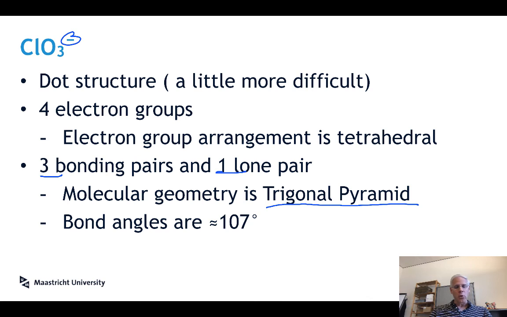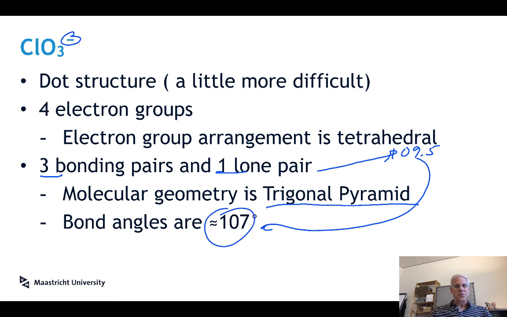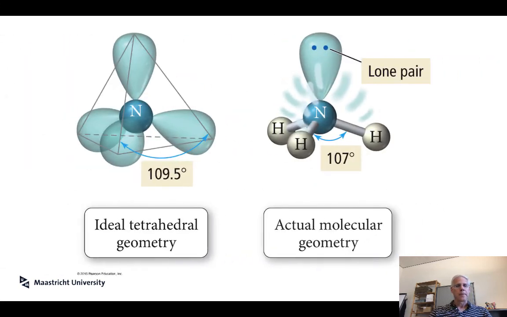We have that 1 lone pair, so even though we expect angles of 109.5, that 1 lone pair here squeezes that down to about 107. And there's an example with ammonia, NH3, that I couldn't find a picture for ClO3-, but it's the same idea.